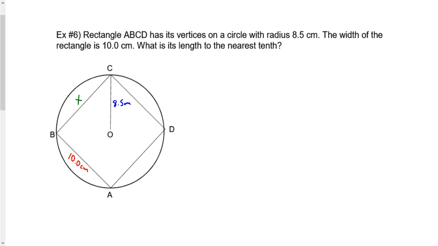Well, let's deal with the fact that I can draw a line perfectly down there. And if I draw it at a 90-degree angle, I now have a right angle triangle that looks like this. The center of the circle means that this side is 5.0 centimeters.